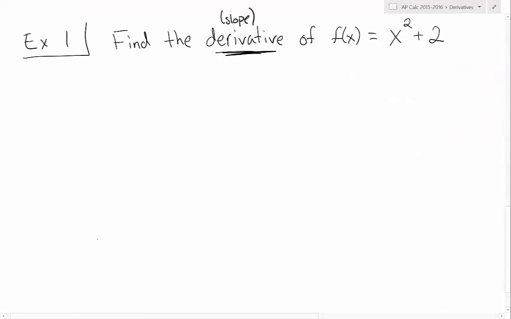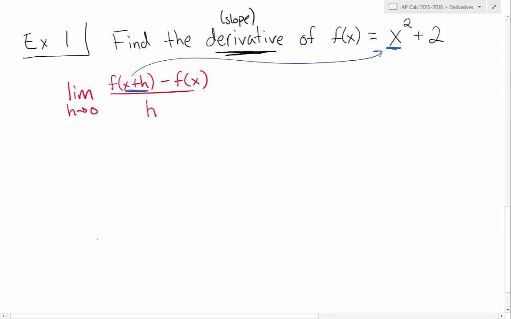So when we want to find the derivative, we're going to go to the definition of the derivative right now. It's the limit as h approaches 0 of f of x plus h minus f of x, divided by h. And then to figure out what f of x plus h is, we take that x plus h and plug it in anywhere where we see an x.